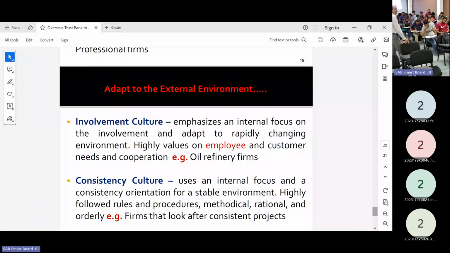Historically they have been using high-tech machines. Then, as mentioned here, they have to depend on their own resources, maintaining the particular quality.